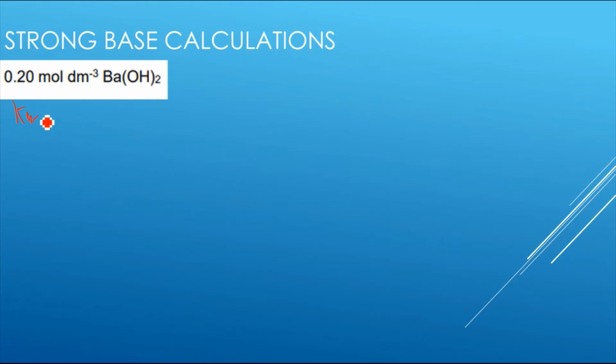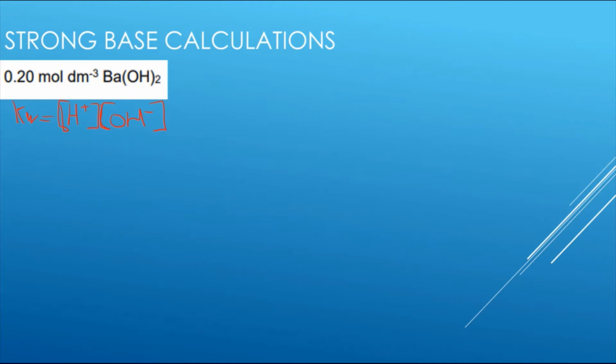So we could use Kw is equal to H plus times OH minus. We're using the ionic product of water. We know that Kw at room temperature would be 1 times 10 to the power of minus 14. We do not know the H plus. This is what we're trying to find out.